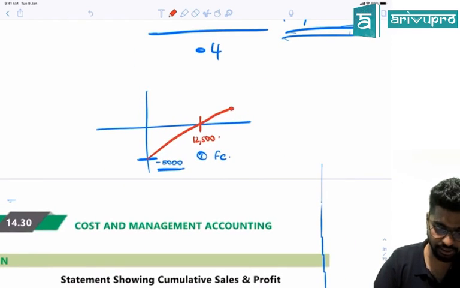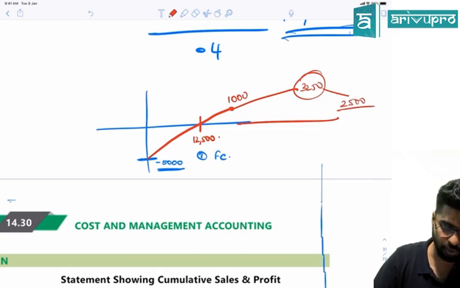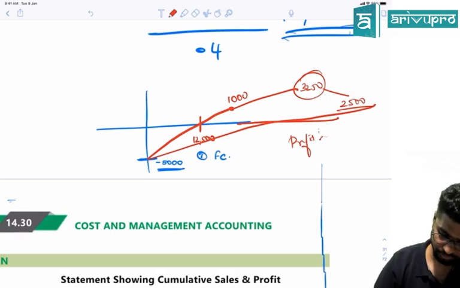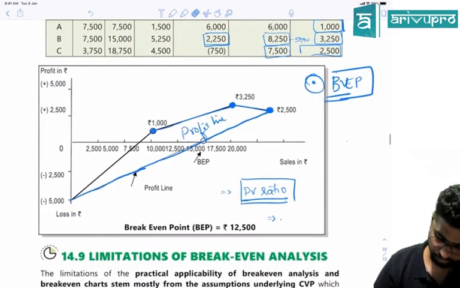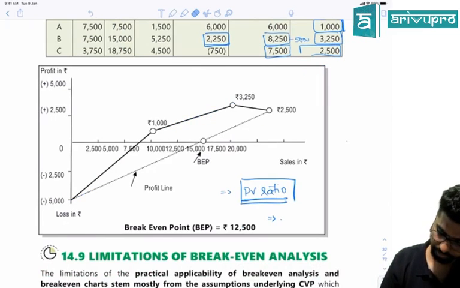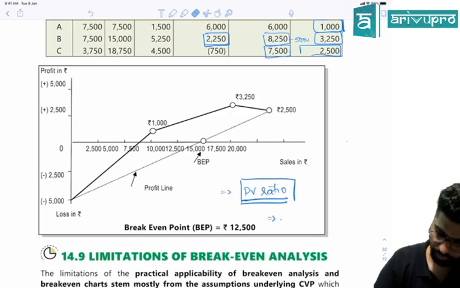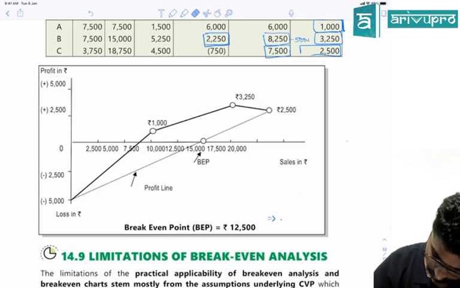Then from there it will become 3250. From there it will drop to 2250. So I'll join this line. This becomes my profit line. Now see the graph. My break even point is gone.